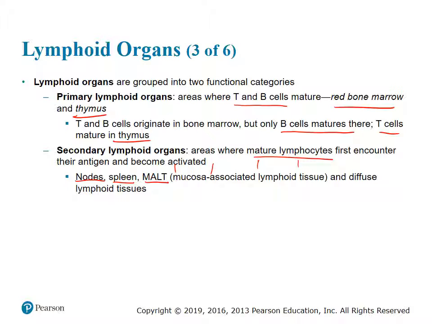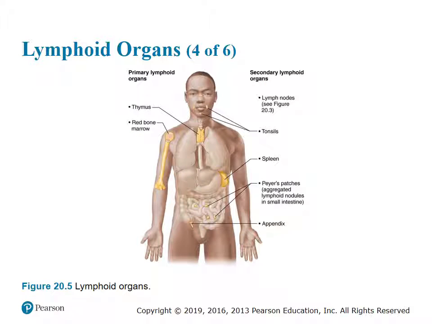MALT. Pretty much everywhere. That's all the lymphatic system. So this figure 25 shows you the primary versus secondary lymphoid organs.